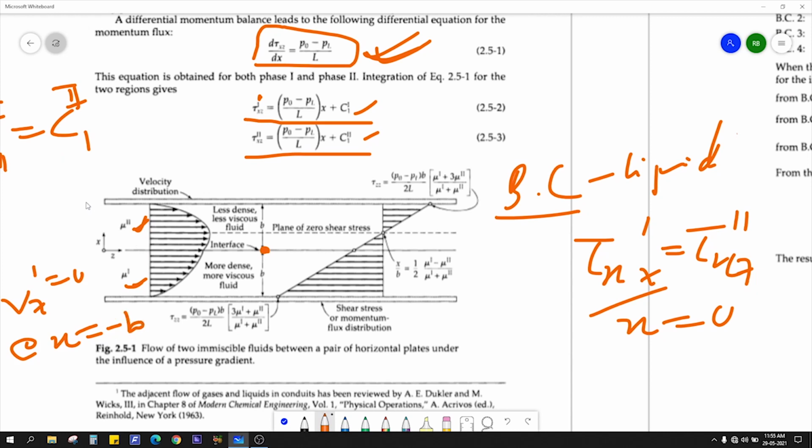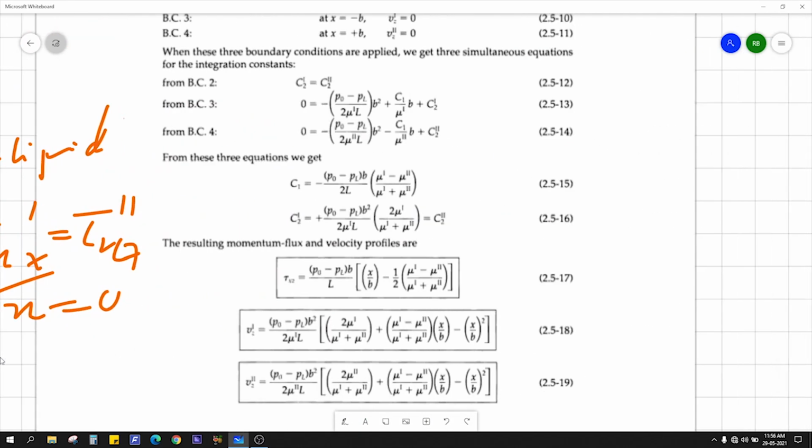Why? Because this gap is b. This is the positive b direction, because our origin is here, and this is the negative b. So Vz1 is 0 at minus b. And Vz2 is 0 at this wall, which is at x equal to plus b, because this is the positive x direction.